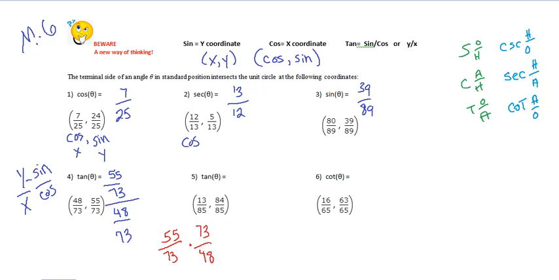Then what ends up happening there is this 73 cancels out this 73, and what we're left with is 55/48. So the answer to this one is 55/48. Now, if you notice, that's these two numbers right there.